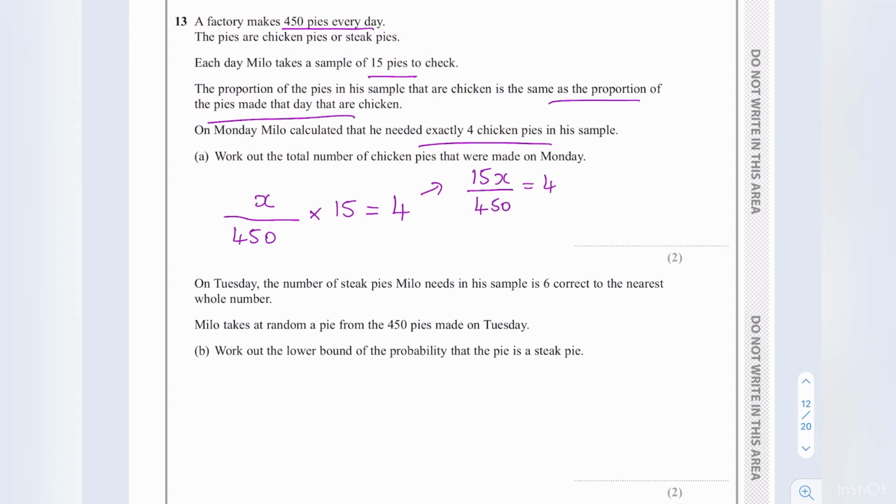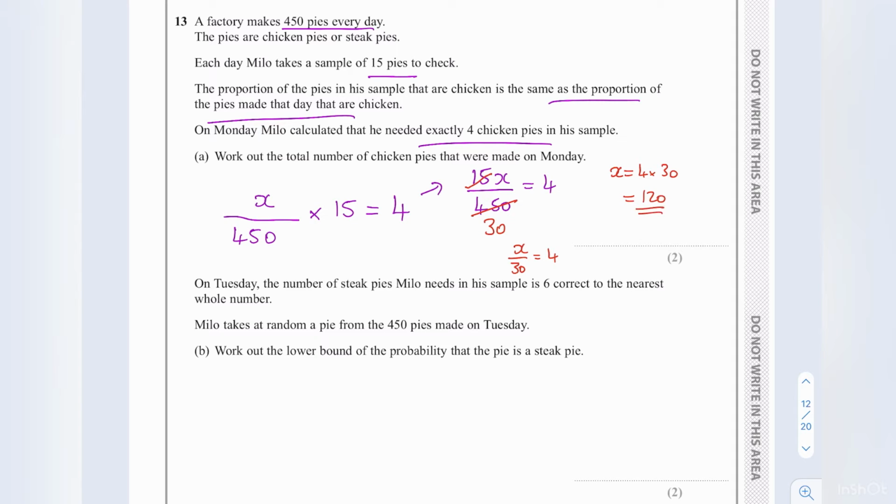Might make it a bit easier to then spot that we can cancel down this 15 with this 450. 15 goes into 450 30 times. So then I'm left with x over 30 is equal to 4. Now I can multiply both sides by 30, and that would give me my answer of 120.